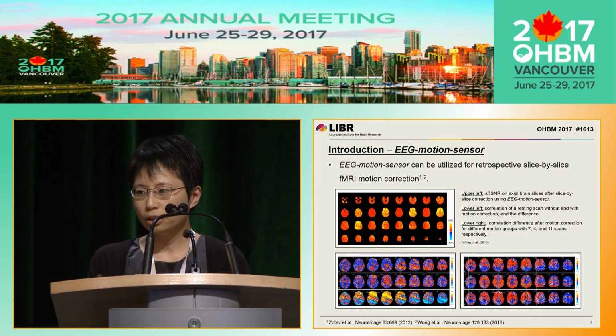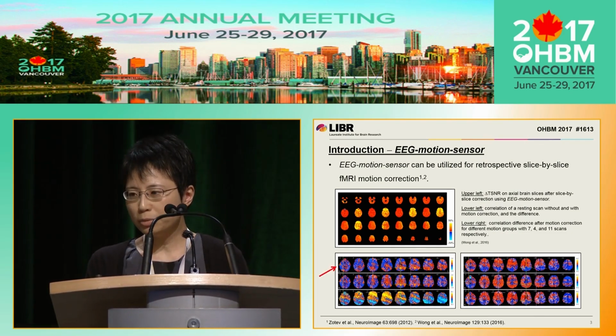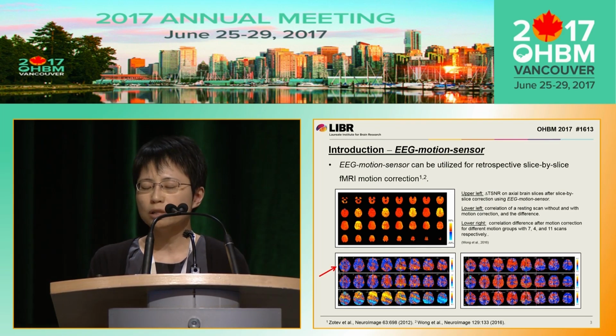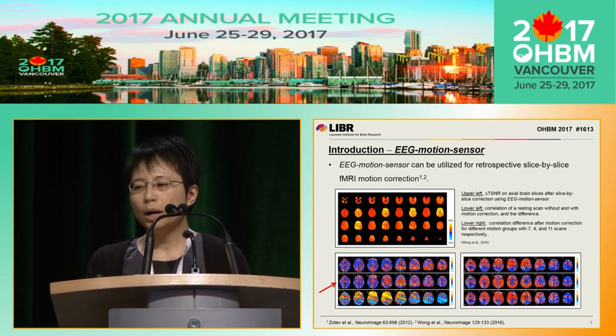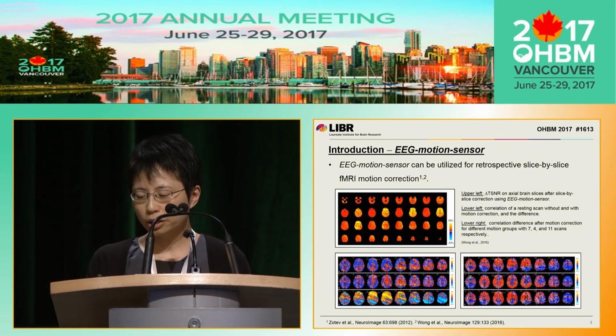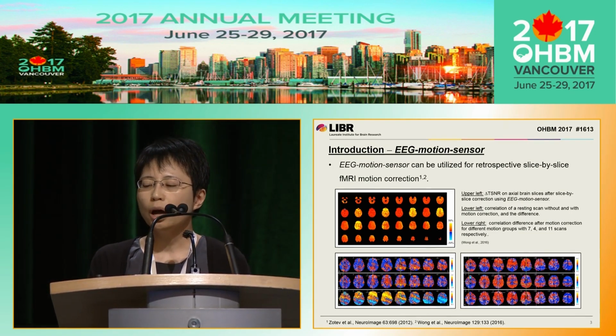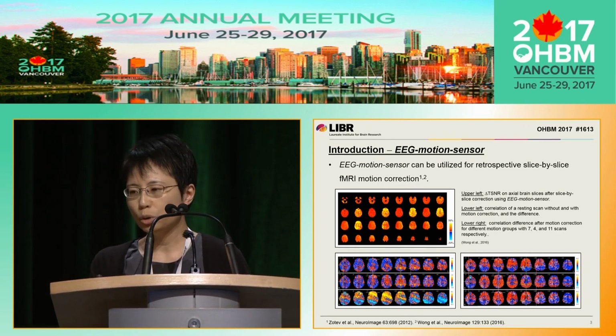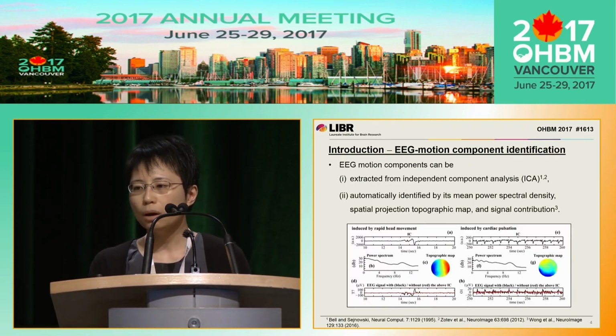The lower left figure shows the stripes in the correlation map caused by the subject motion, the corrected correlation map after the motion correction using the EEG motion sensor, and the difference. The lower right figure shows the reduced stripes in the group correlation map after the motion correction for groups with severe motions during the scan.